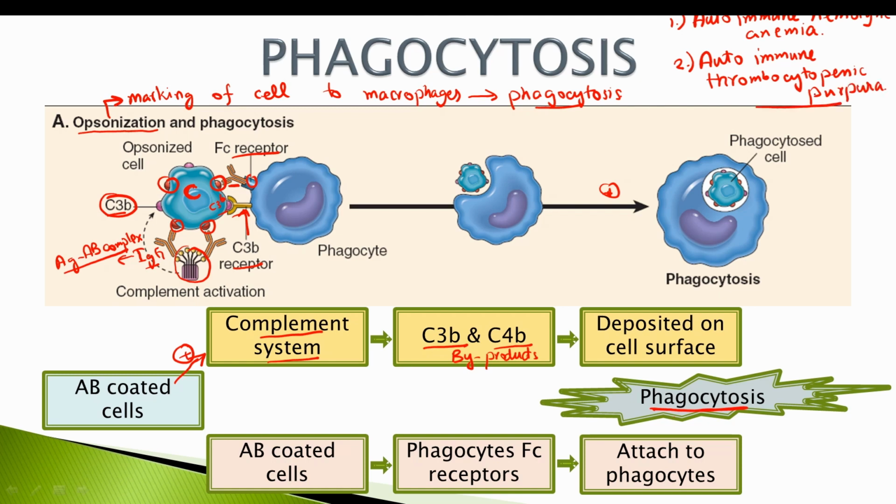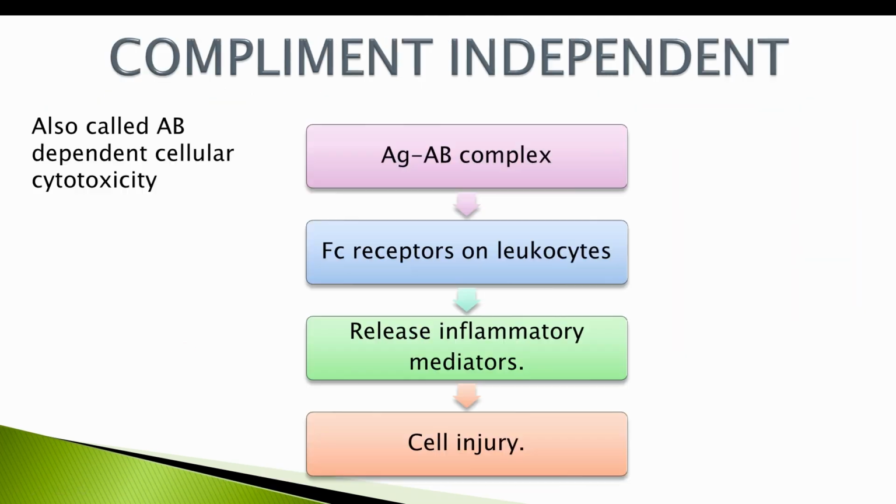So by far we have discussed the complement system dependent type 2 hypersensitivity reaction. Just to recall, this includes IgG mediated, IgM mediated and phagocytosis mediated type 2 hypersensitivity reactions. Coming on to the complement independent type 2 hypersensitivity reaction. So as the name shows, this is complement independent, which means there is no employment of the complement system or no activation of the complement system.